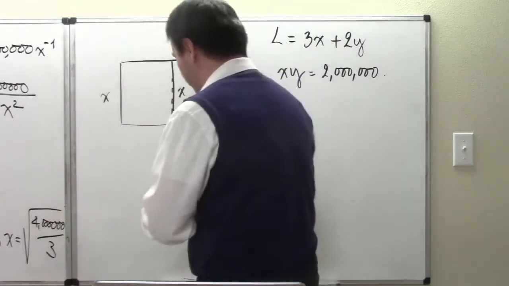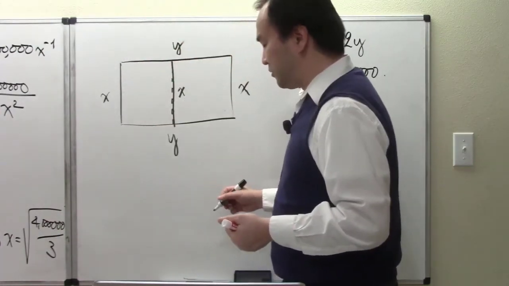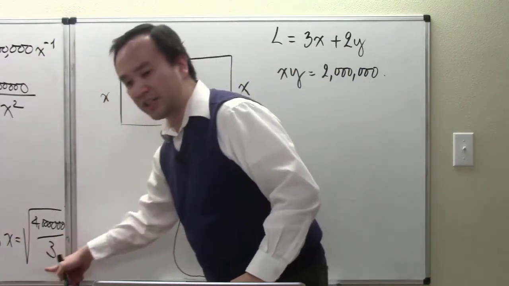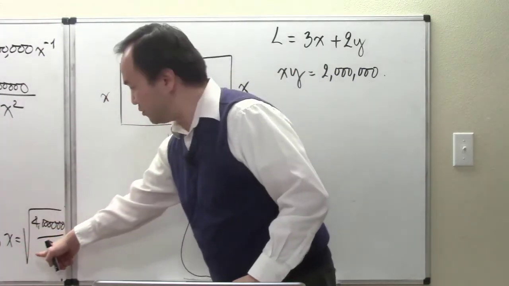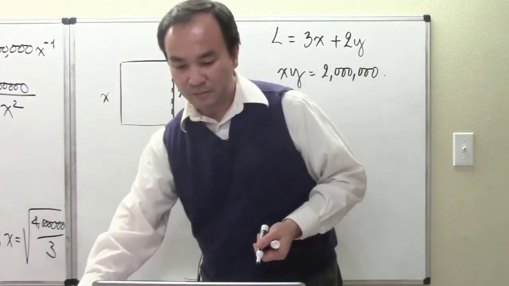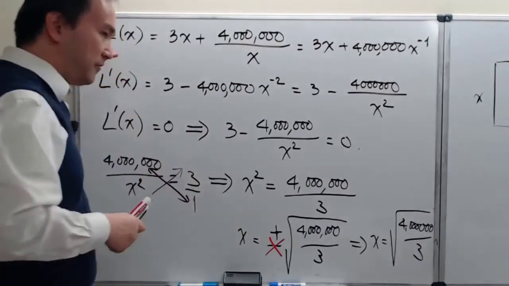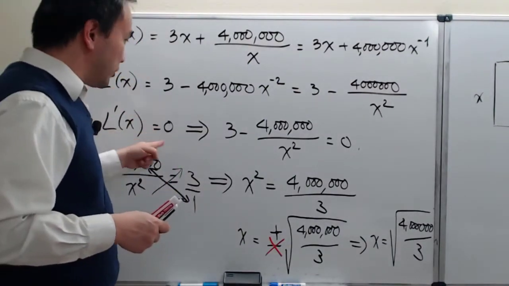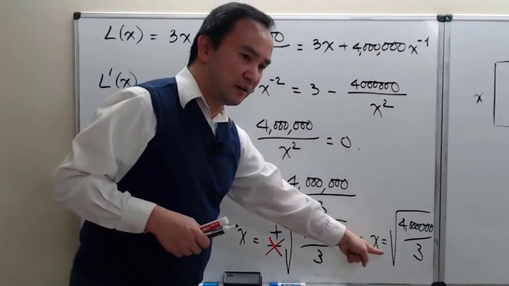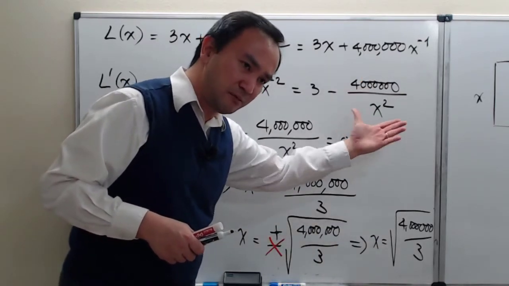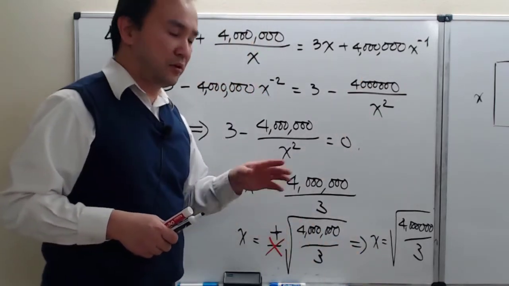Now it is up to us to decide whether this critical value gives us a maximum or minimum. We did all that work. We used the derivative, set the derivative equal to 0, and came down to that critical value. A critical value can be a maximum or a minimum, so we need to test which it is.